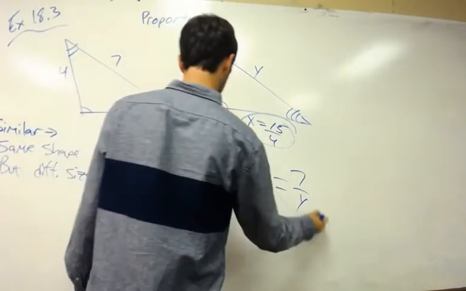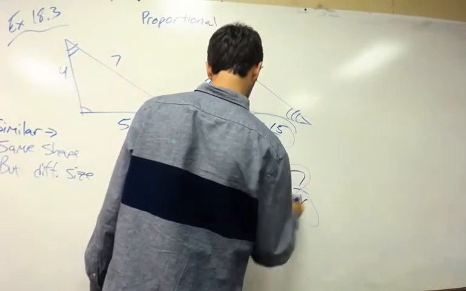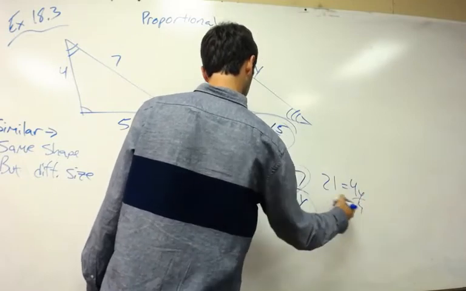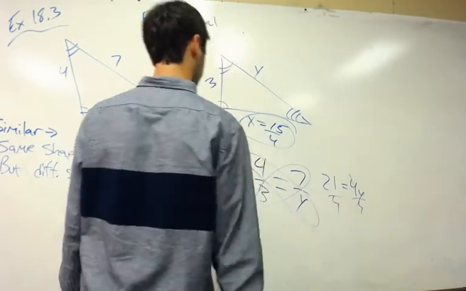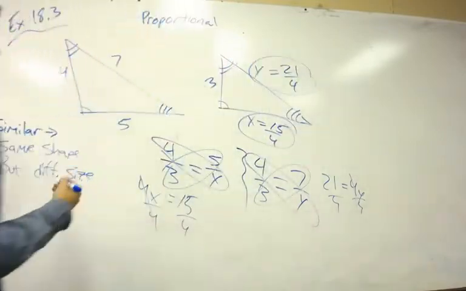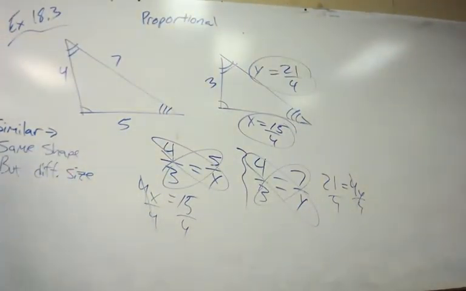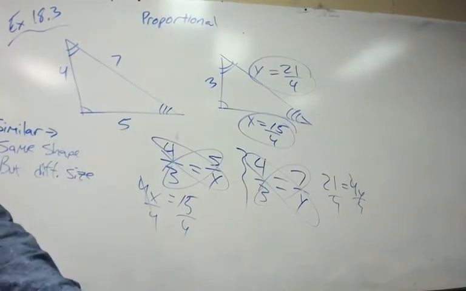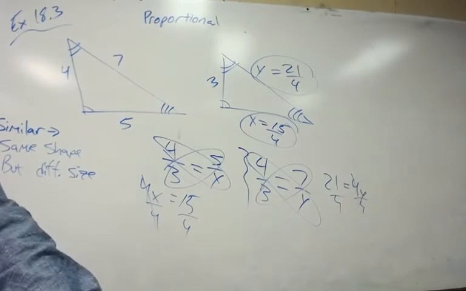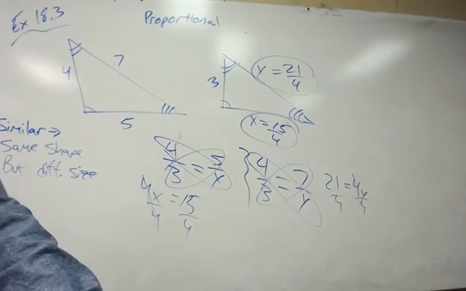Do the same thing here. Y equals 21 over 4. So similar triangles, same shape, different size. They're proportional, so therefore you can make a ratio to solve for them. And that is the end of lesson 18.